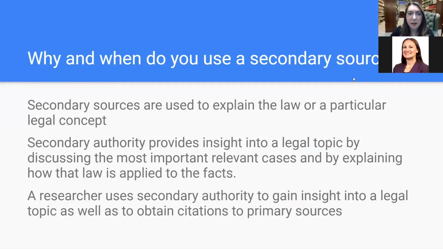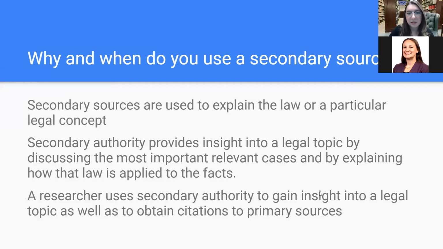So when would you use a secondary source? Oftentimes when we do reference requests, we may include a secondary source, and that's just to give a general understanding or a brief overview of the legal topic in discussion. So they're used to explain the law or a particular legal concept.